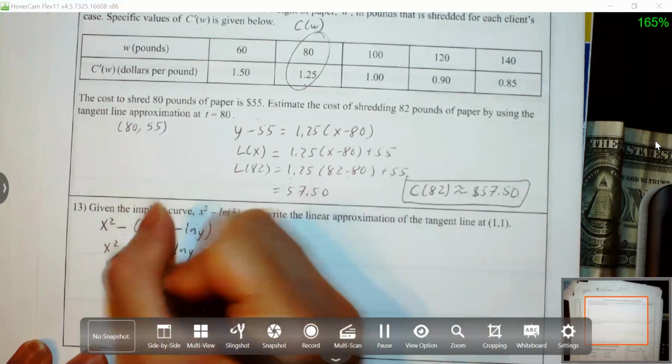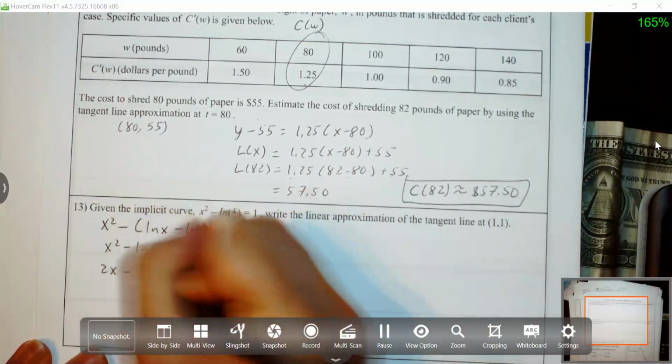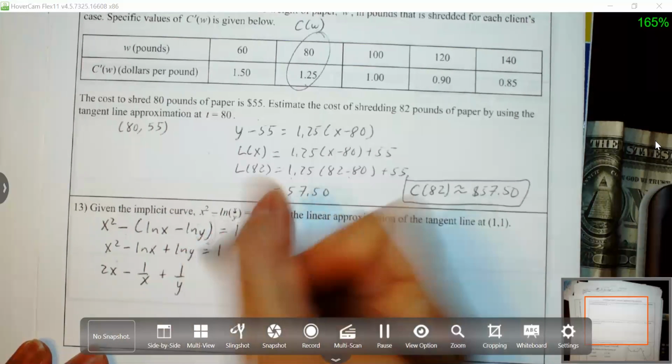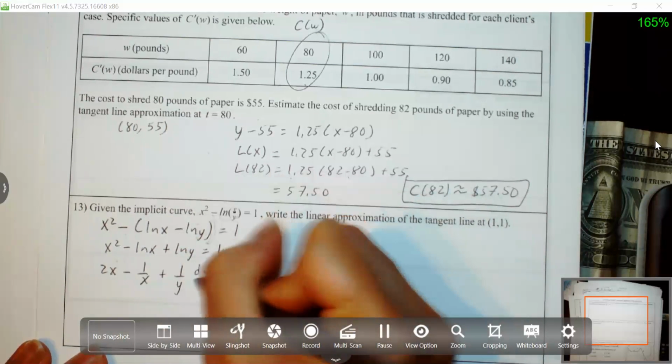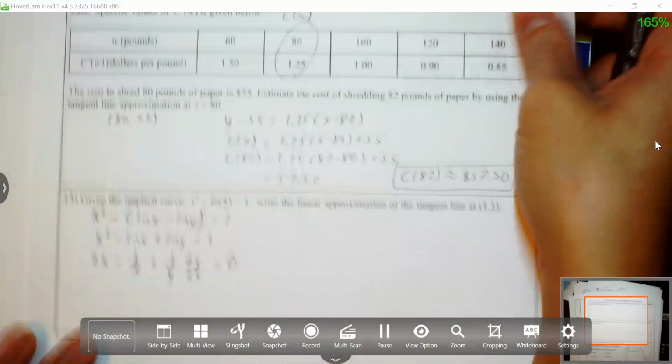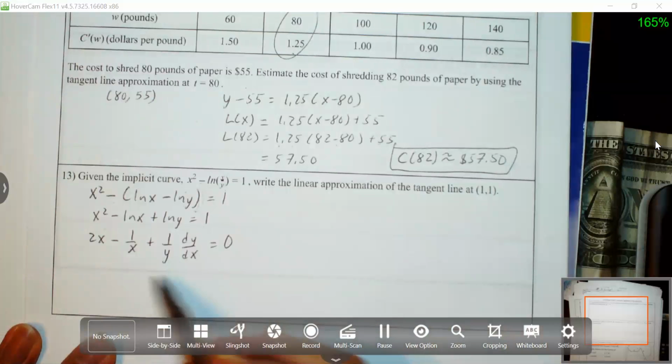So this is 2x minus 1 over x plus 1 over y, but since we need to take the derivative with respect to x, this is dy dx is equal to 0. So I am going to solve for dy dx.